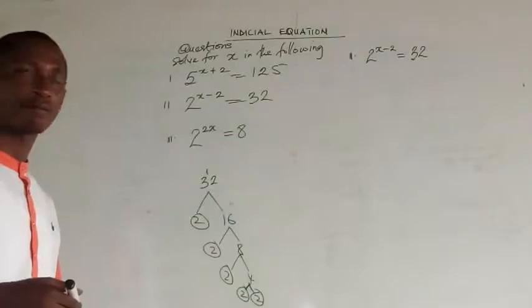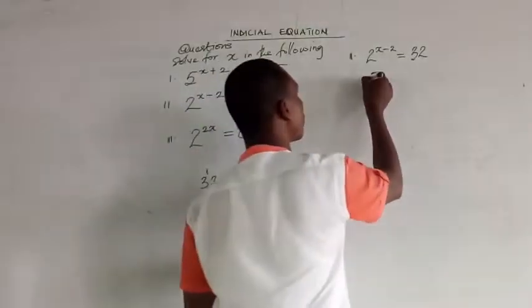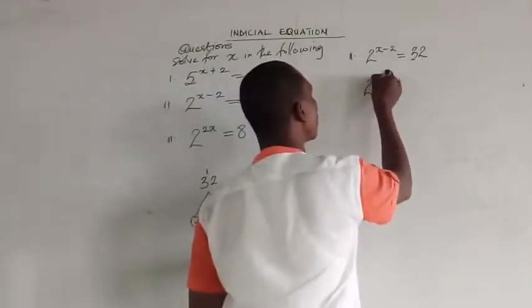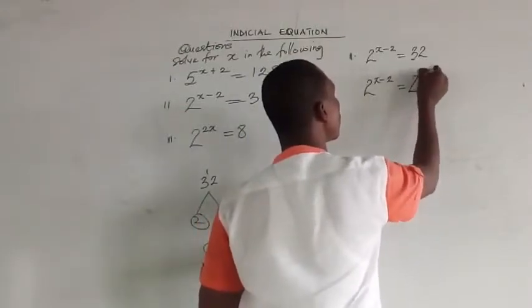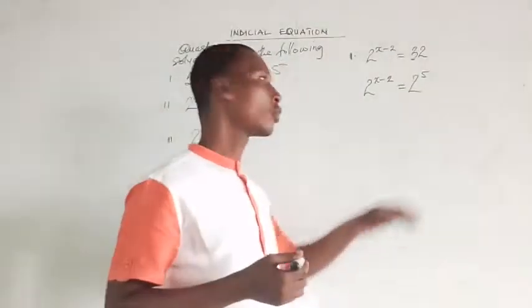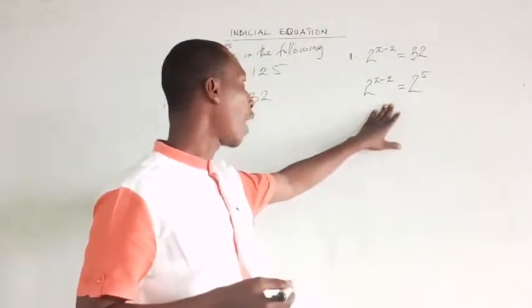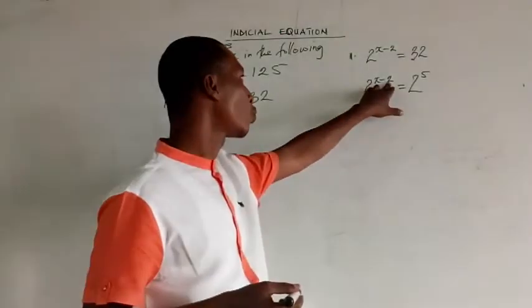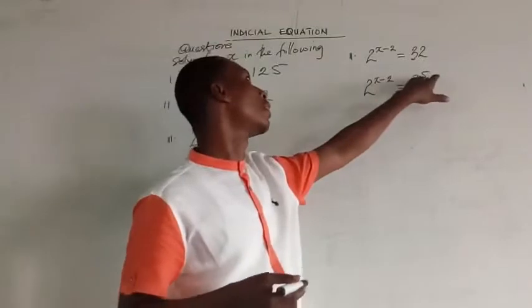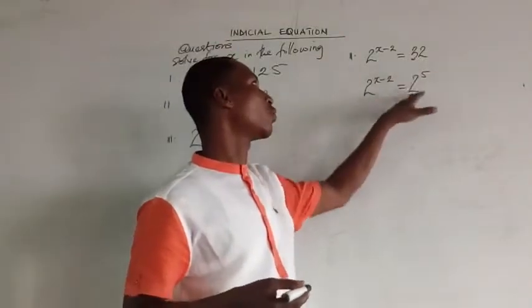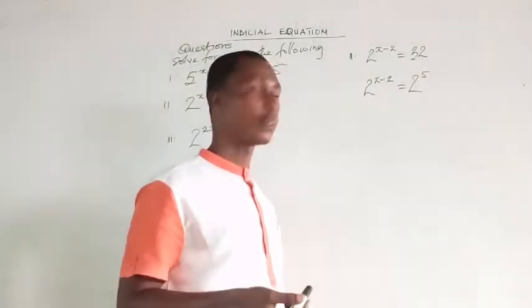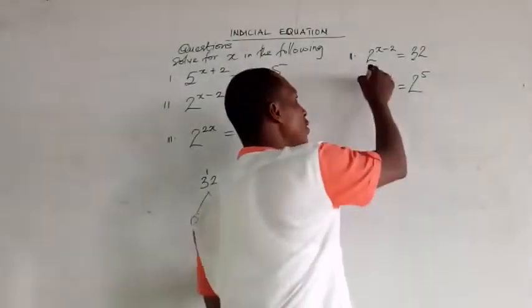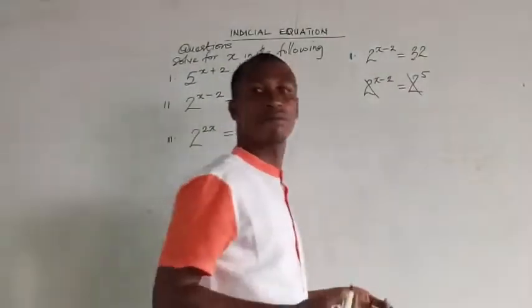So we have 2 to the power 5. Our concern is that when I subtract 2 from x, I must get 2 to the power 5. So what is going to be the value of x? In this case, you equate the base.